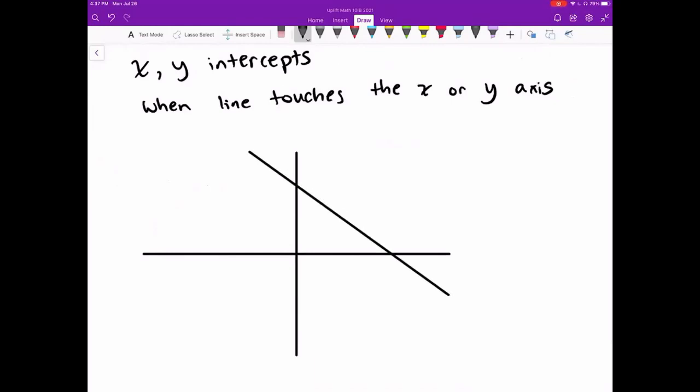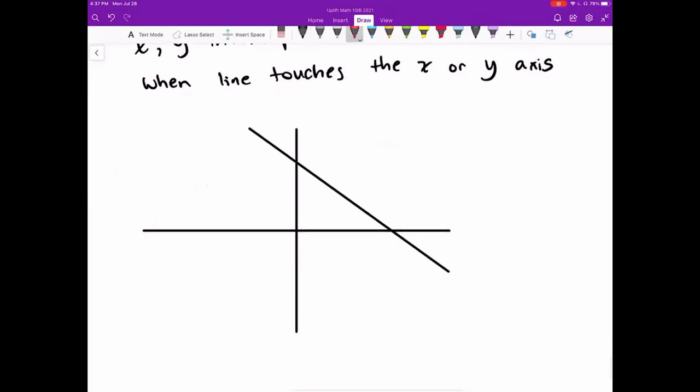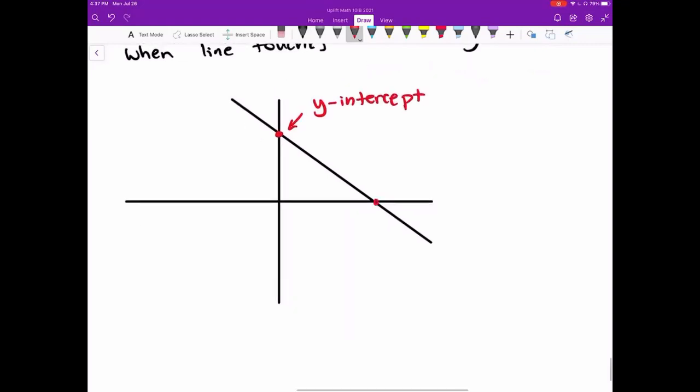In this case, the y-intercept would be when the line hits the y-axis, so the red point will be the y-intercept. And when it touches the x-axis, that will be called the x-intercept. So when we have a y-intercept, it's always 0, y, and when we have the x-intercept, it's always x, 0.